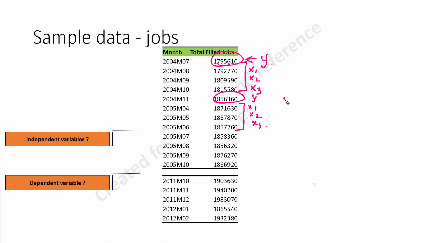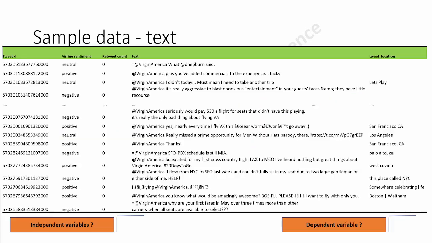This kind of data is typically called time series data, where a particular value is dependent on the last few values. We're not going to talk about time series data in this video series. Likewise, you could also have text data, for example, a review given by users, where some reviews are neutral, some positive, some negative.